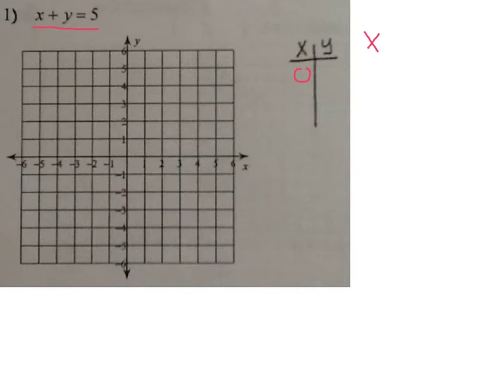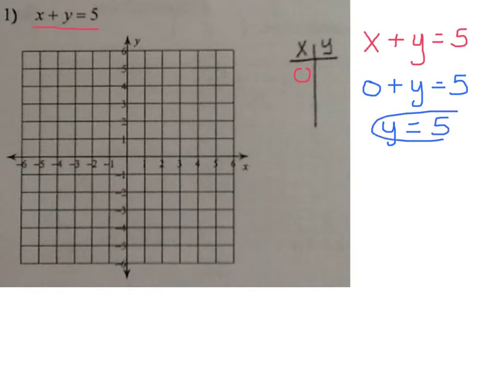Our equation is x plus y equals 5. We put 0 in for x, and we get 0 plus y equals 5. Since we don't have to keep the 0, we end up with y equals 5. Our first point in the T-chart then is (0, 5).